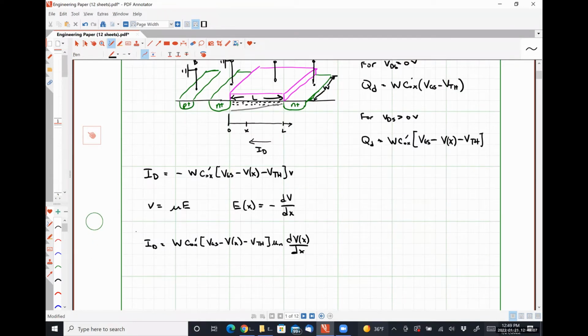What I'm going to do now is multiply both sides by this differential line element dx, and then integrate both sides.